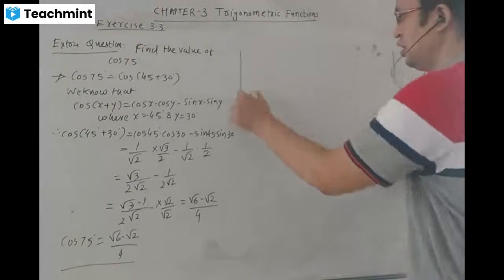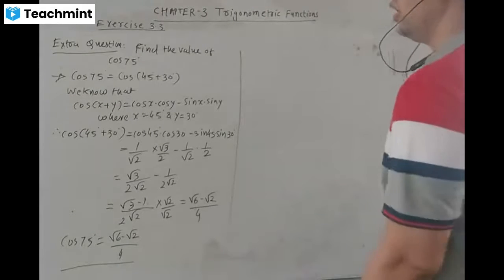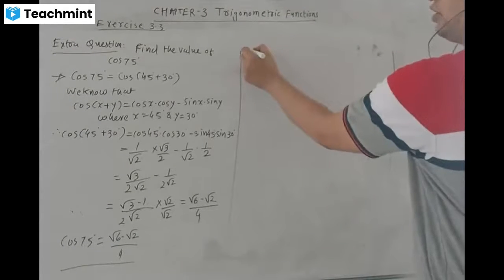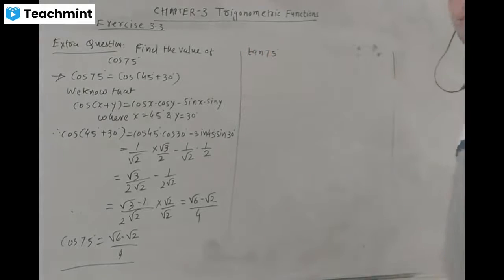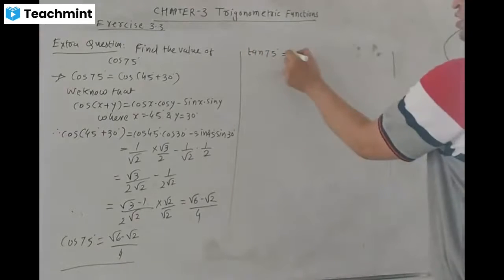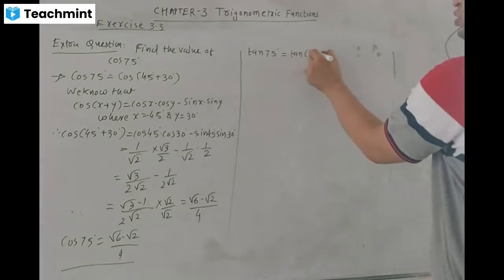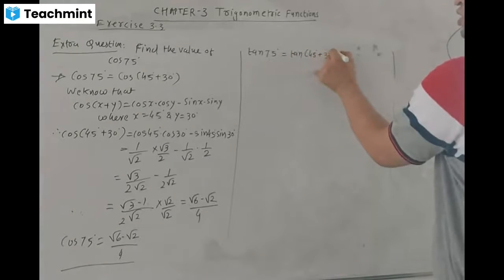Similarly, for another question, the second one, tan 75. Tan 75 is the same as tan of 45 plus 30.